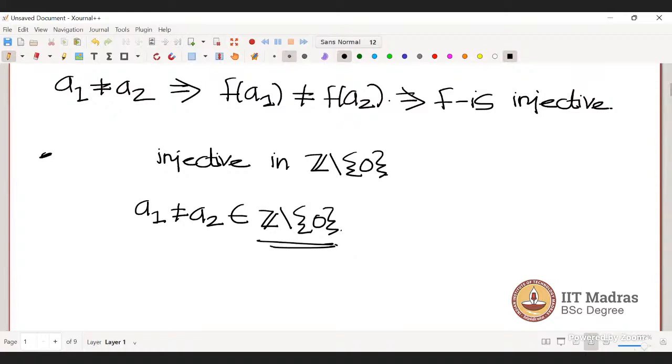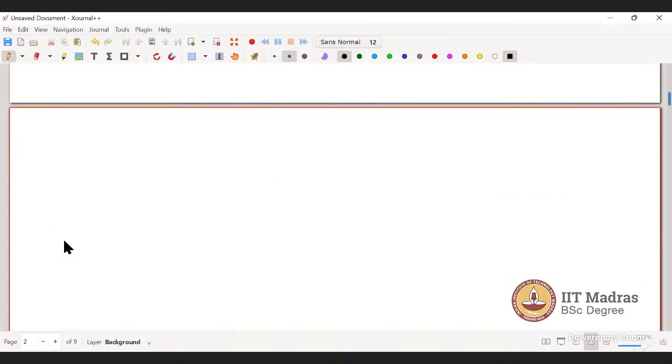You pick two elements from Z minus 0 and show that f of a1 is not equal to f of a2. And the next option is f is surjective if the domain is N and the codomain is Q. Any idea how to solve this one? How to disprove this one?